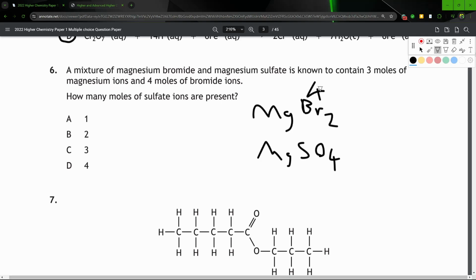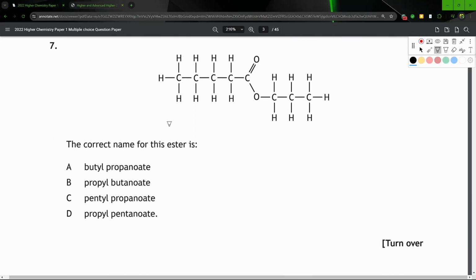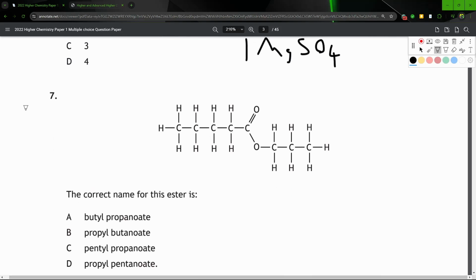So if we have 4 moles of bromide ions, we have 2 moles of magnesium ions, which is all well and good. That means we only have 1 magnesium ion left for sulfate ions, so it's going to be 1 to 1. So that means it'll be 6A. Sorry, that was a wee bit complicated. Anyway, move on to number 7.